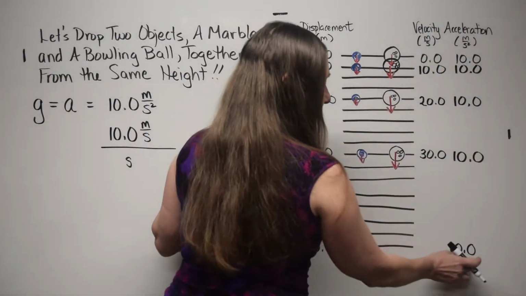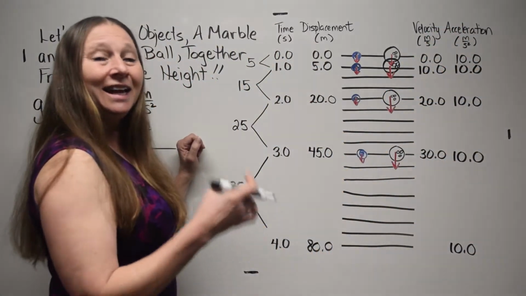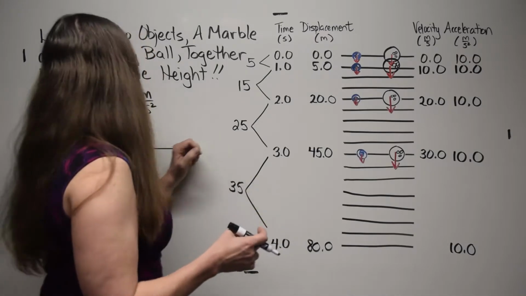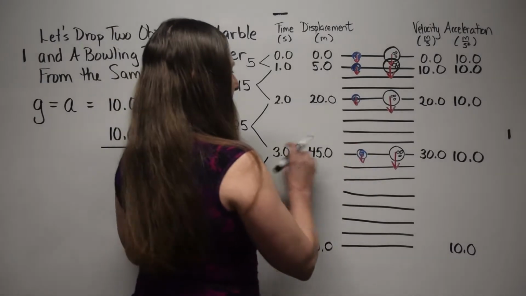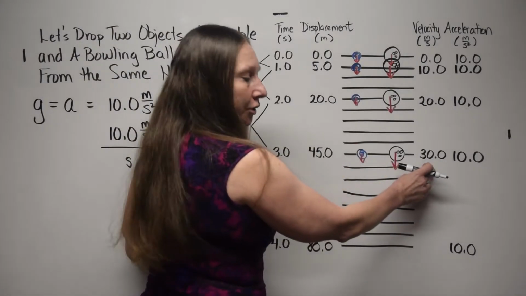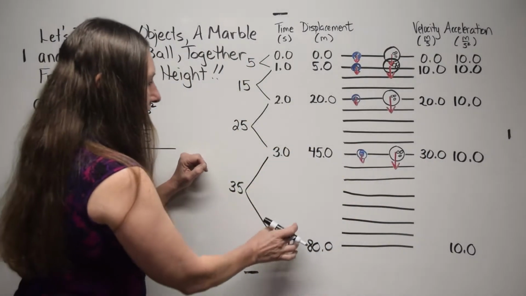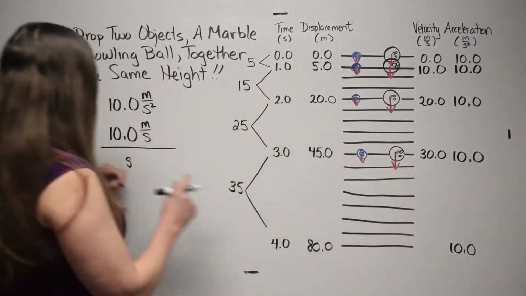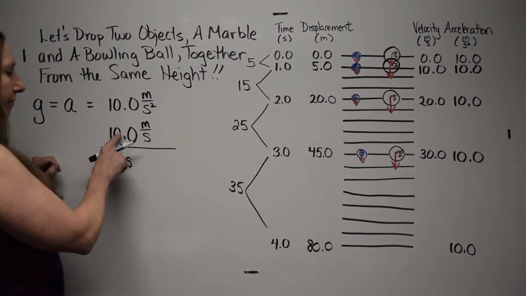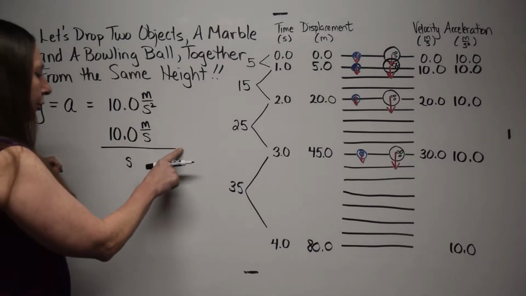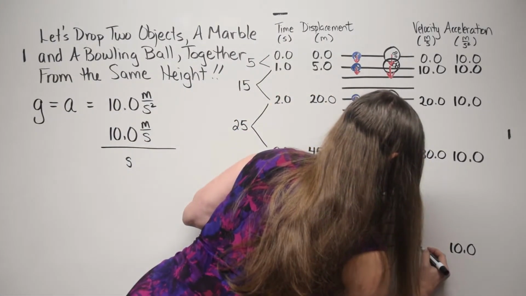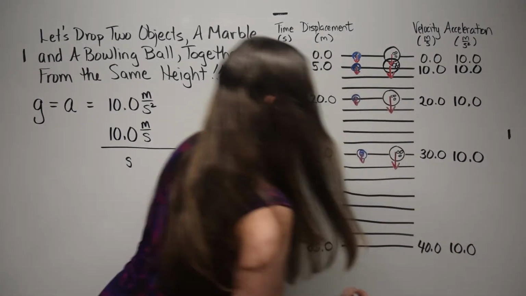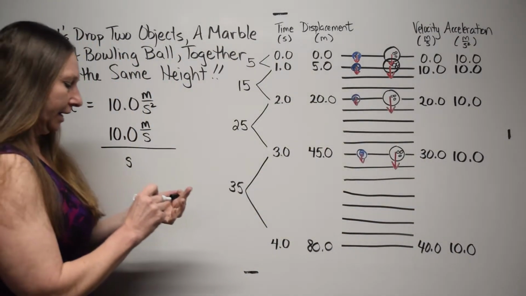The acceleration has not changed. It's still accelerating at a rate of 10 meters per second every second. So if at 3 seconds its speed was 30, 1 second later its speed has increased by 10, by 10 per second. So now the speed is up to 40 meters per second.